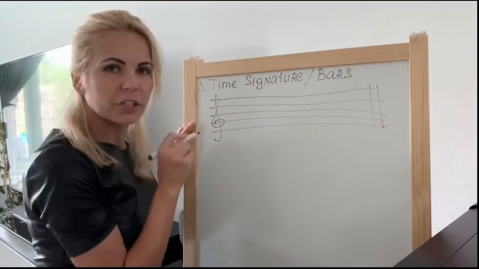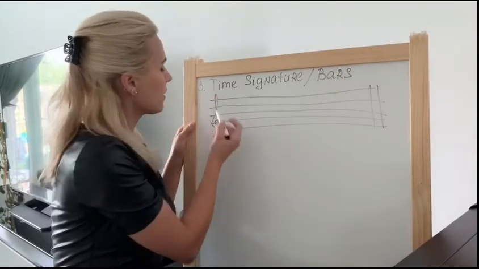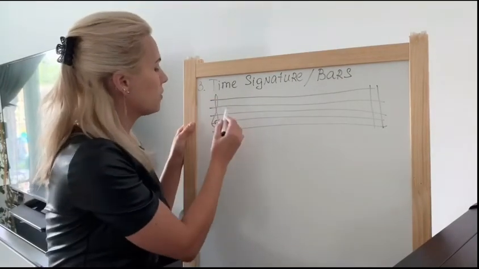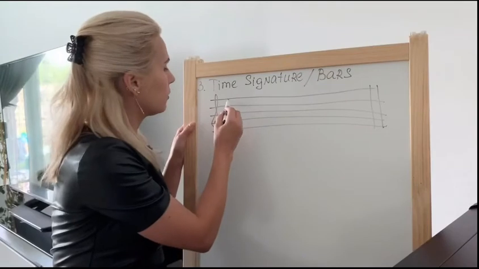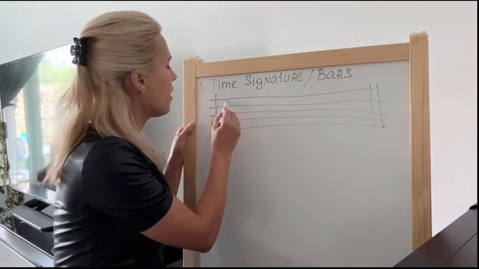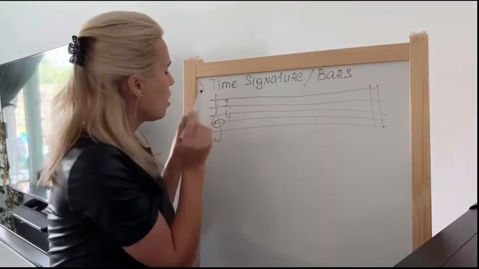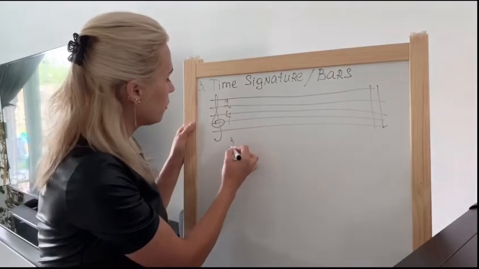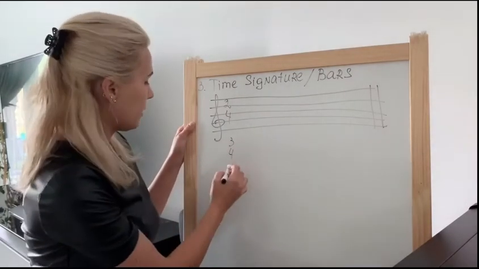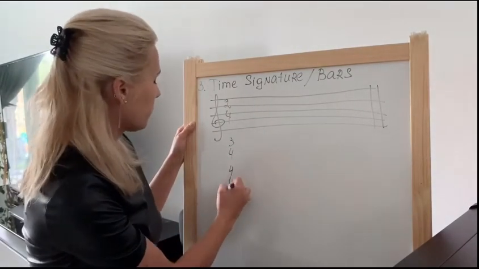Time signature, those are your 2 digits that are placed right away after the treble clef. For example, I can have 2/4, or 3/4, or 4/4.